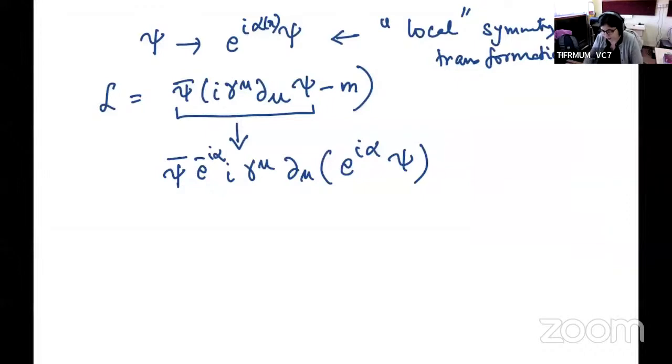So psi bar gets an e to the minus i alpha, psi gets an e to the plus i alpha, and then there is a del mu. And what the del mu does is that you have 2 terms now. One term that just looks like psi bar del mu psi, and you have a term that looks like psi bar psi del mu alpha.